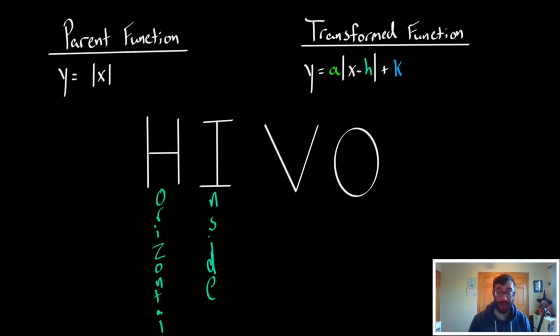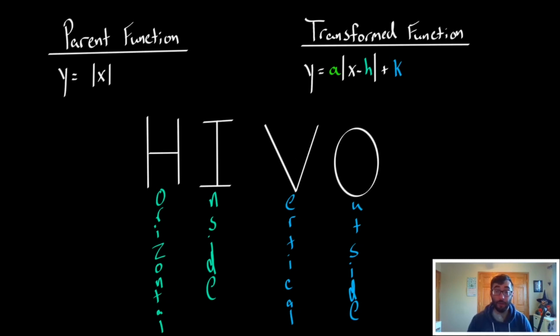However, anytime there was a vertical transformation, that is coming from outside the function. So all vertical transformations are coming from outside the function itself. So if I add or subtract outside, I moved up or down vertically. If I multiply or divide outside the function, that is also affecting it vertically, just in a different way.